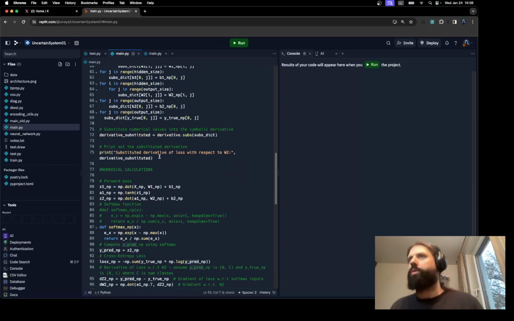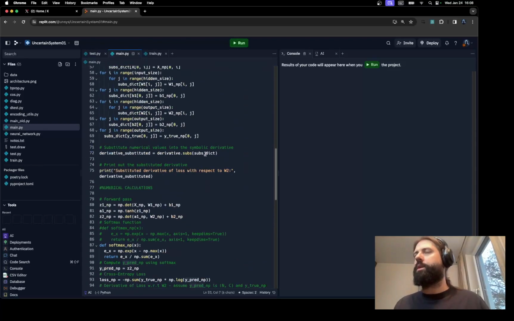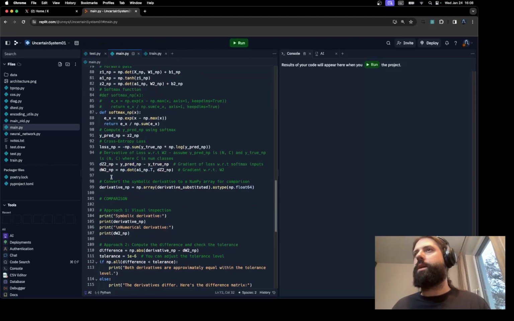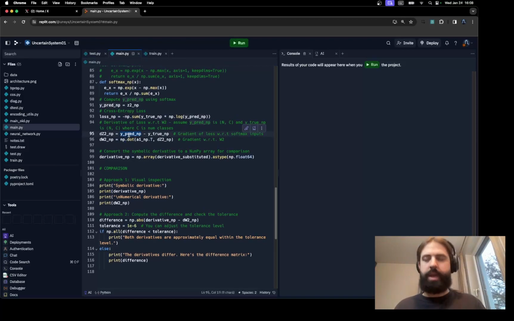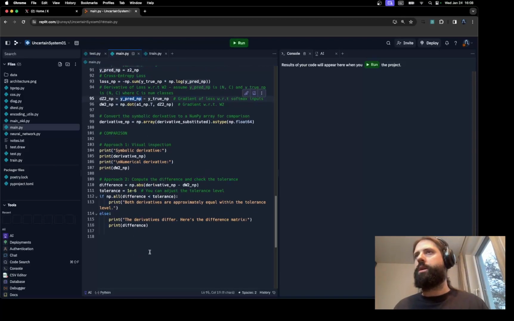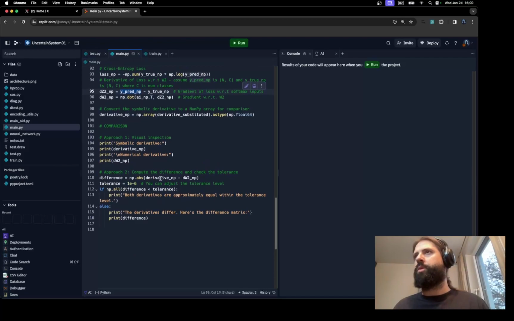If I do y pred in here, and then I take a look at y pred np, and then I just say the difference between y pred np and y pred, and there's even a tolerance.